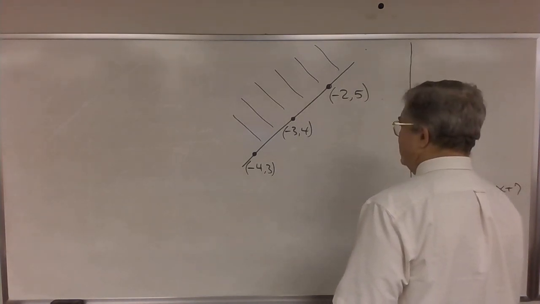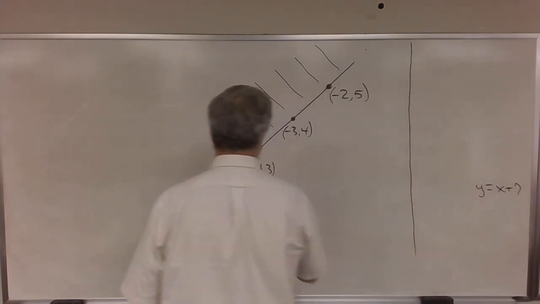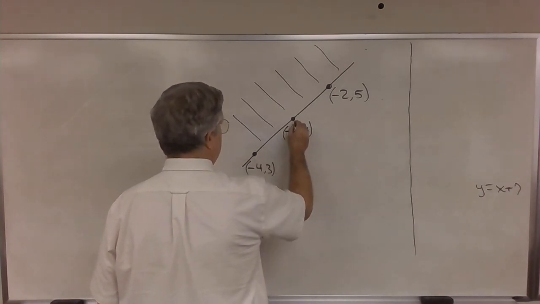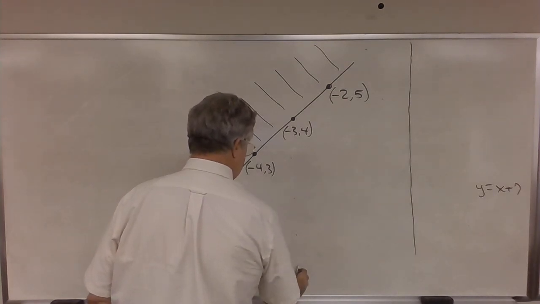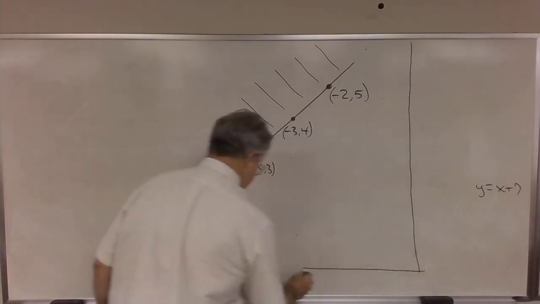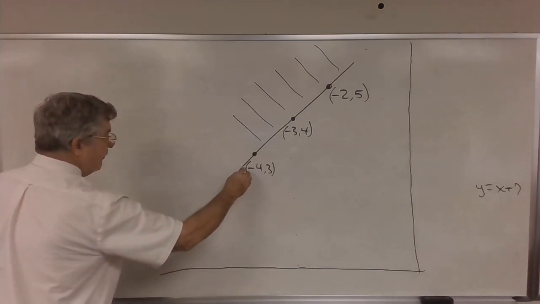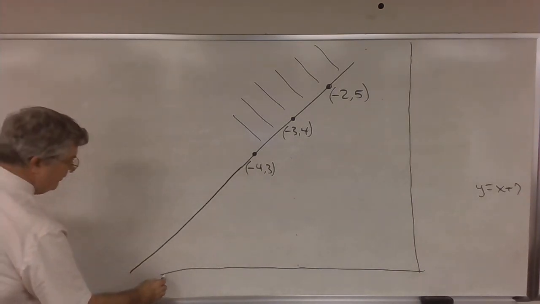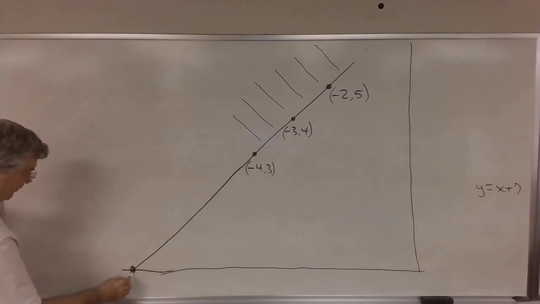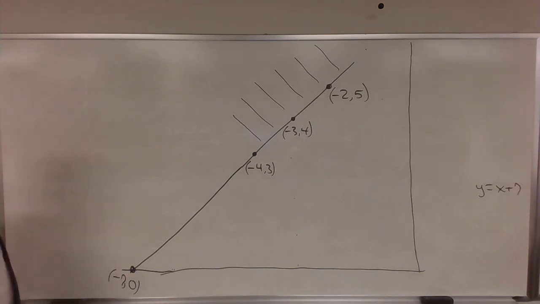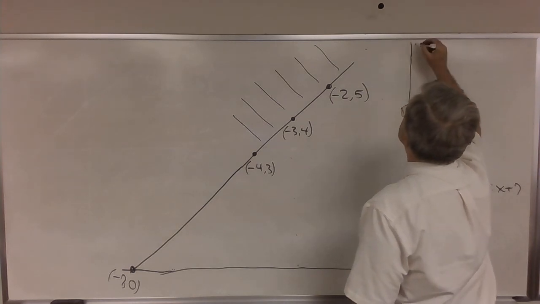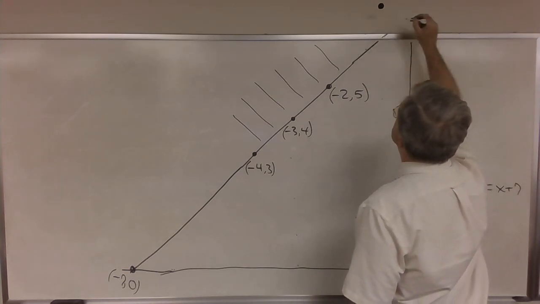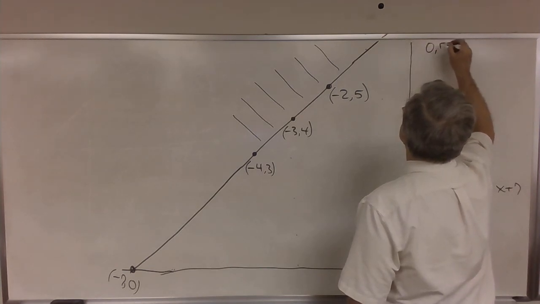Here's the x and y axes. Up here, this point where these two lines intersect is 0, 7.